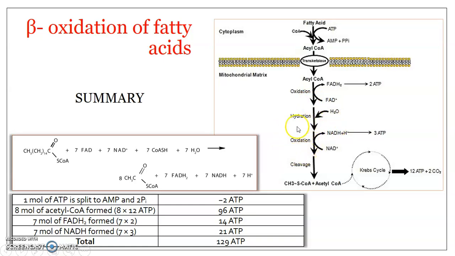It undergoes the second oxidation, and then thiolytic cleavage. Acetyl coenzyme A is produced. This acetyl coenzyme A can enter the Krebs cycle, isn't it?